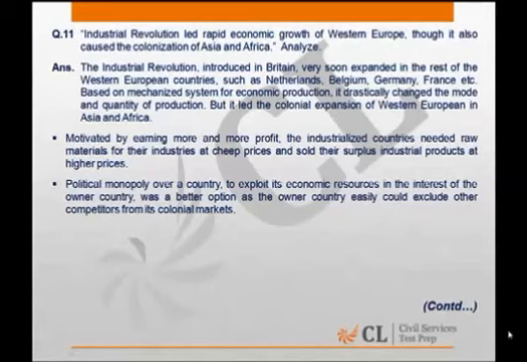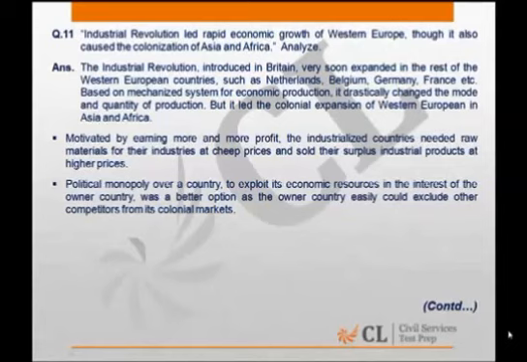So, not only substantially but significantly, the industrial revolution spread economic expansion which culminated in the form of colonization in Asia and Africa.